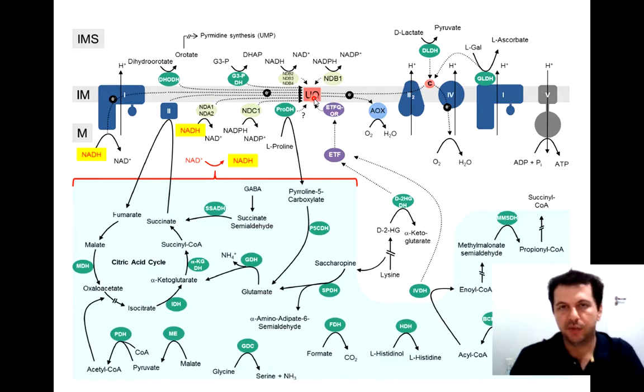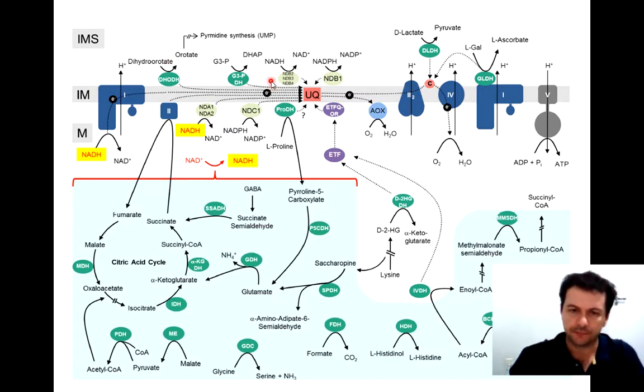In photosynthesis, we saw plastoquinone carrying electrons from one side to the other. Here it is ubiquinone, which is very similar. And look here, complex 1, complex 3 and complex 4 have protons being pumped from one side of the membrane to the other. Here you have the matrix of the mitochondria, this is the inside of the mitochondria, this is the inner membrane, and this is the intermembrane space, also inside of the mitochondria.